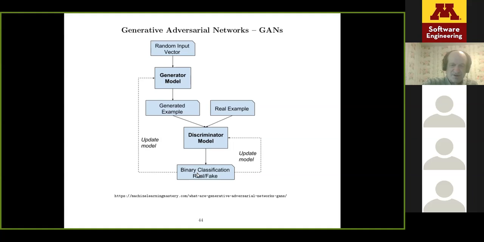The loss function is to maximize the number of times a generated example is considered a real example by the discriminator. And so you go through this back and forth until at the end, the generator does such a good job that the discriminator can't tell, basically treats all of these generated examples as real.